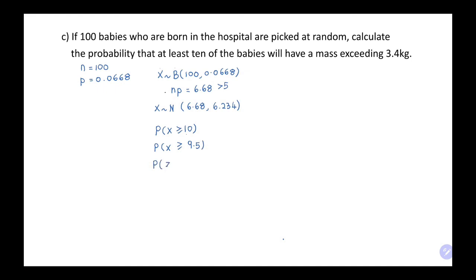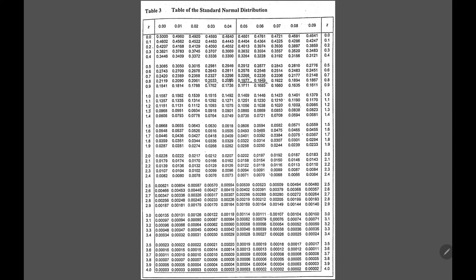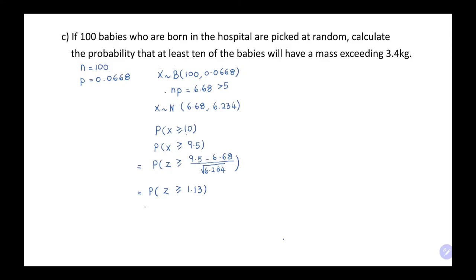Then we change to Z: 9.5 minus the mean, divided by the standard deviation, 6.234. Then we solve, we get P(Z greater than or equal to 1.13). Since the sign is greater-equal and the value is positive, we can check the table directly. We find 1.13, so we have 0.1292.